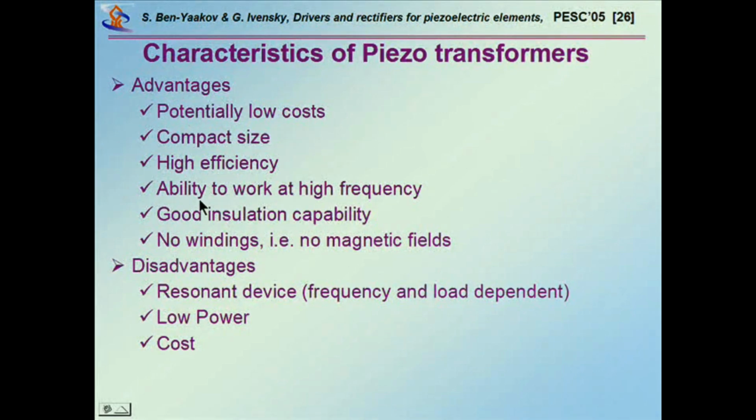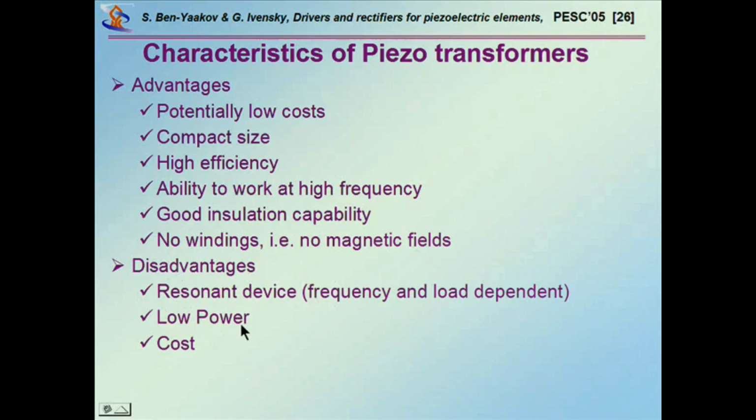We'll see this later. Ability to work at high frequency between 50 kilohertz and say a few hundred kilohertz. It has good insulation capability because it's a ceramic material, inherently good insulation. Has no winding, so there's no magnetic field. The disadvantages are that it's a resonant device, so you have to work around the resonant frequency.